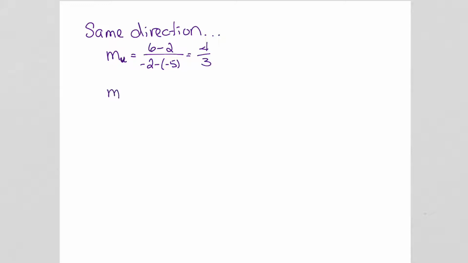And the direction of vector v, the slope, would be subtract the y's over subtract the x's, also 4/3. So we have verified that these two vectors have the same magnitude and the same direction. Therefore, we can say that vector u is equal to vector v.